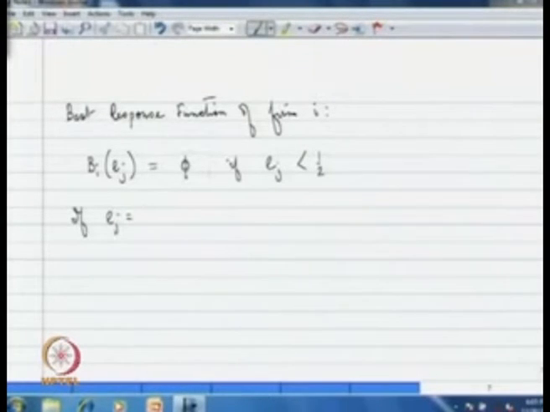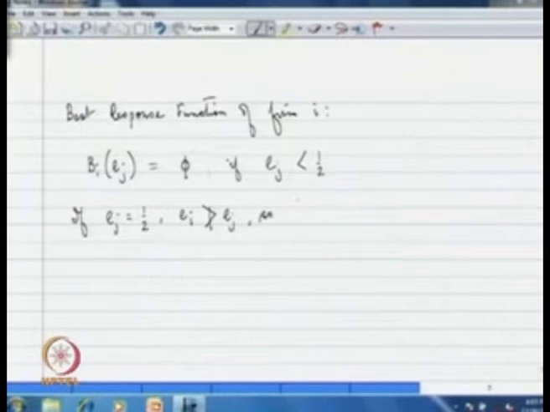If E j is equal to half, remember in that case E I cannot be more than E j, because the highest value that E I can take is half. So, what player I can do in this case is make his expenditure equal to E j.